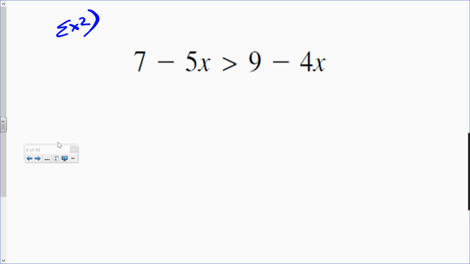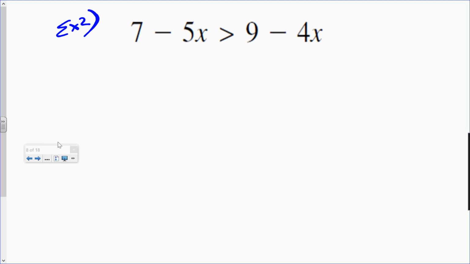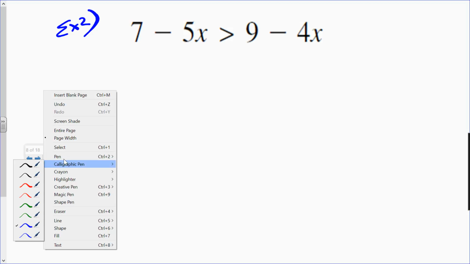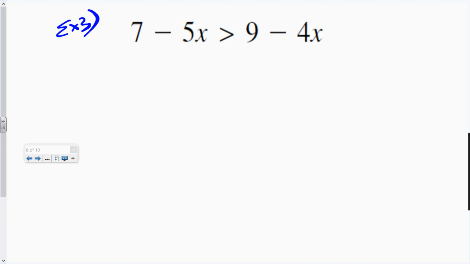Example 2, please. 7 minus 5x greater than 9 minus 4x. So here's the mission. We're going to solve and graph.